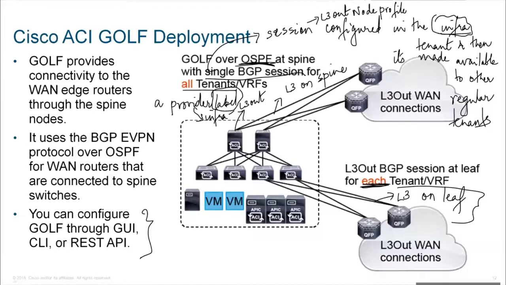Okay. And then in the regular tenant, you're going to define layer 3 external EPGs, with the subnets. In the regular tenant on the bridge domain subnets, you'd have to check the box saying advertise externally.